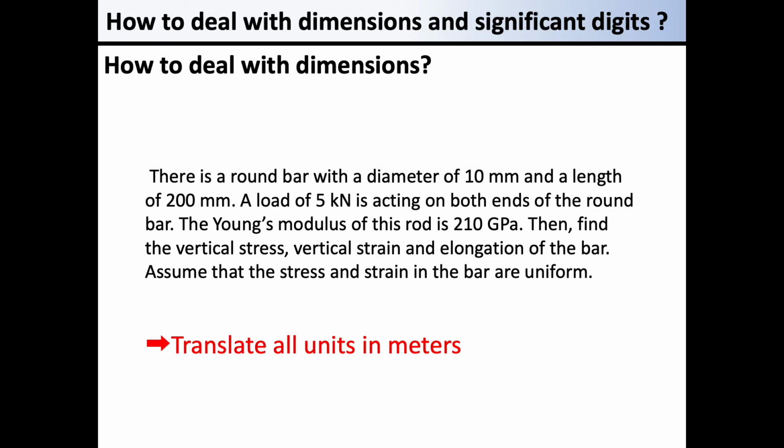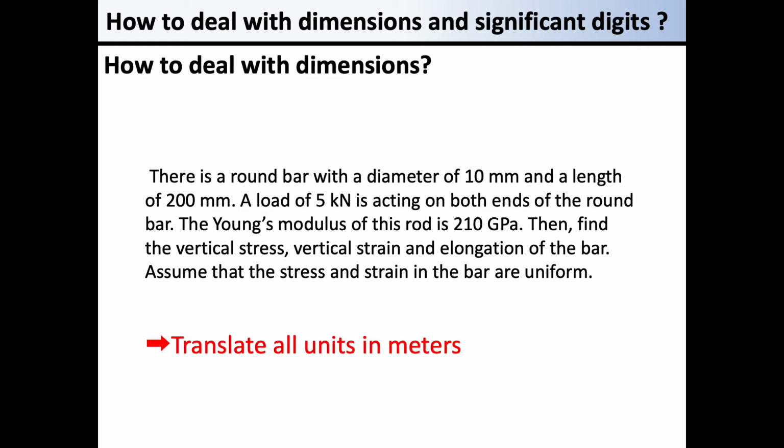Anyway, in the field of mechanical engineering, when you calculate something, you need to, first of all, translate all units into meters. For example, 10 multiplied by 10 to the minus 3 if it is 10 millimeters. The force is 5 kilonewton.